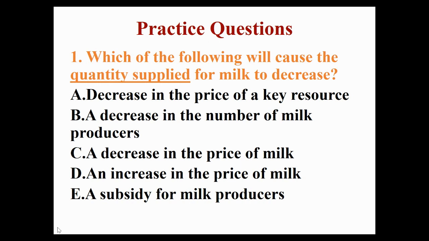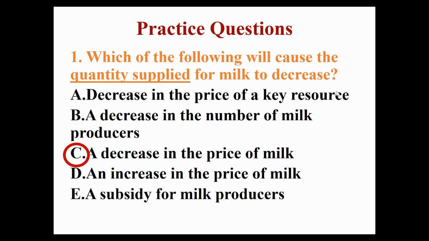If we take a look here, which of the following will cause the quantity supplied for milk to decrease? Pause it and check out the answers. You should have come up with C, a decrease in the price of milk. Remember, a change in price leads to a slide on the supply curve.